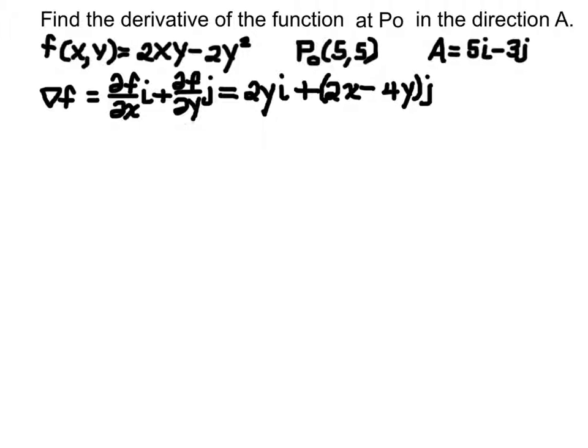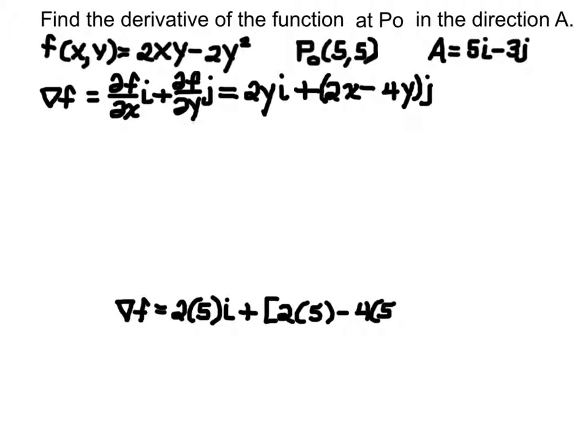Now we're going to evaluate the gradient at P naught. And that's going to be 2 times y, which is 5, in the I direction, plus 2 times x, which is 5, minus 4 times y, which is 5, and that's in the j direction.